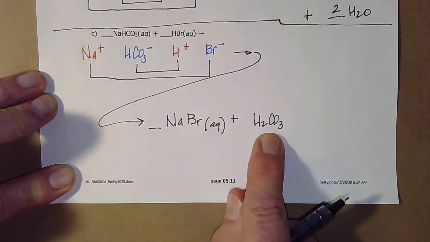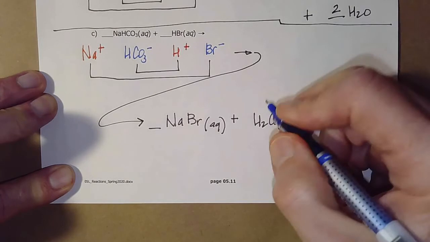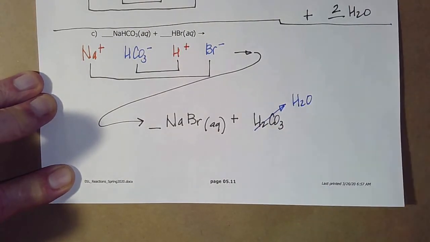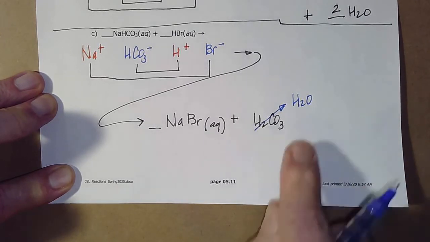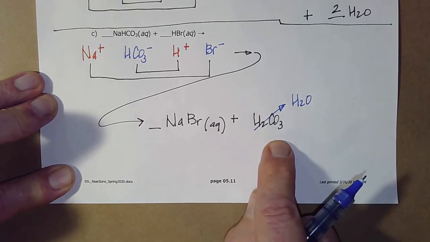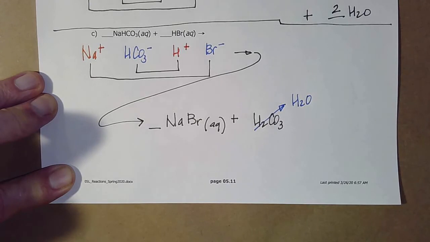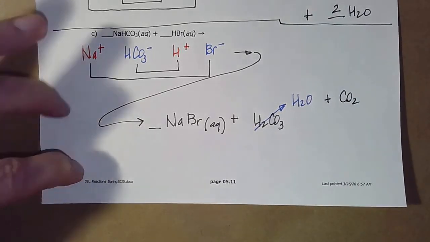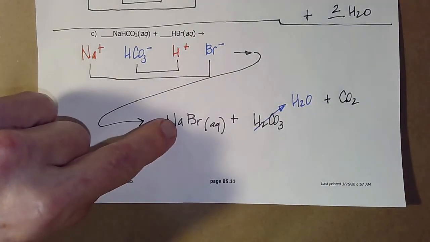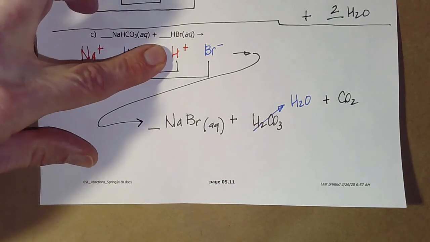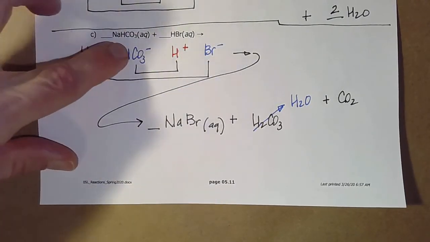Well, I don't see water there, but what if we did this trick? Let's take water out of that. We really know that no matter what, we're getting water. What's left over after you take out H2 and 1 oxygen? There it is. So I have to remember, okay, there's my ionic compound. I took the cation and the anion. There's my H plus from the acid, and it's going to react with something negative.